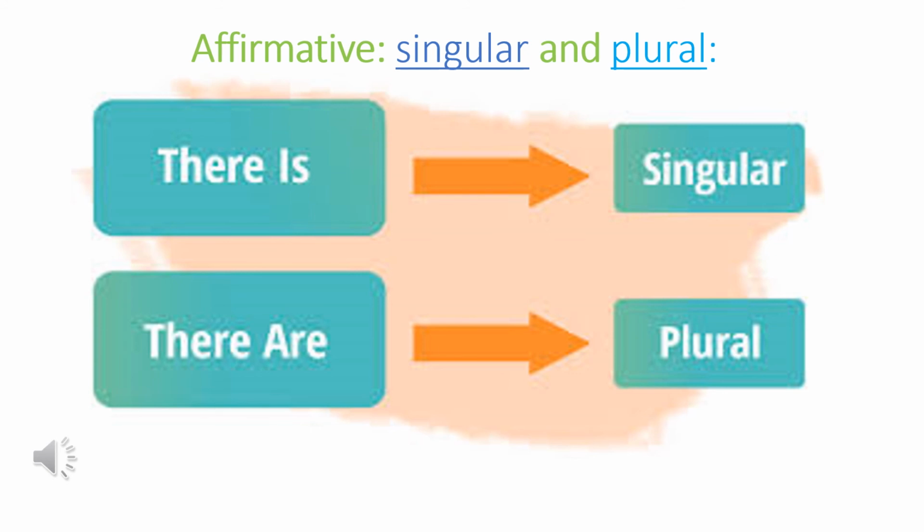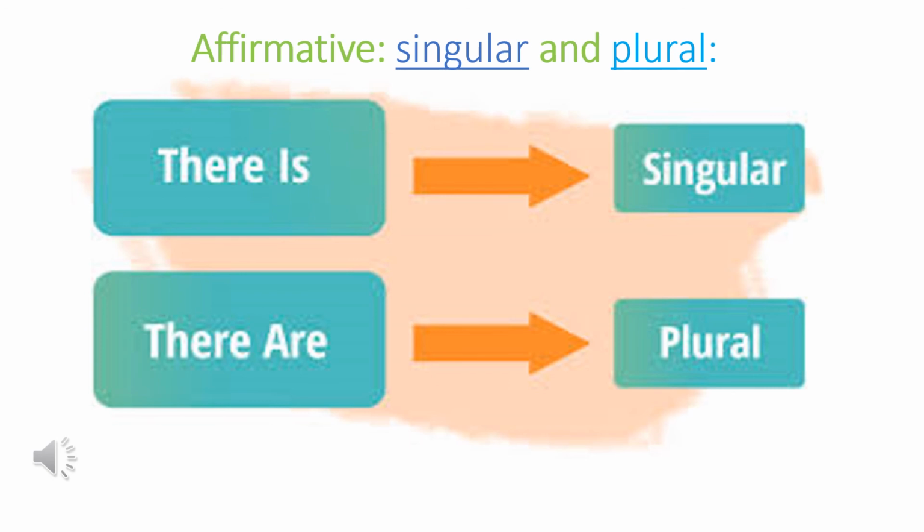The noun in this case, we are looking at things that are more than one. They may be two, they may be three, they may be 100. For example, I can say, there are students in the classroom. There are tables in the classroom.